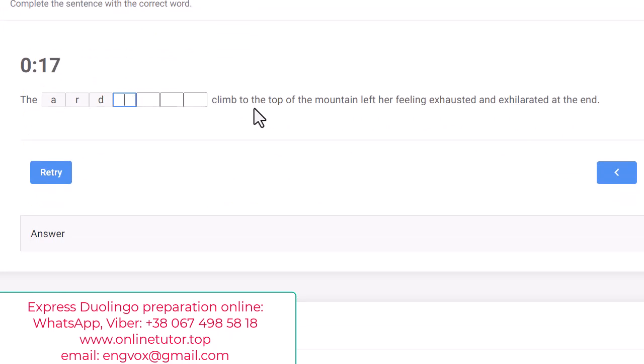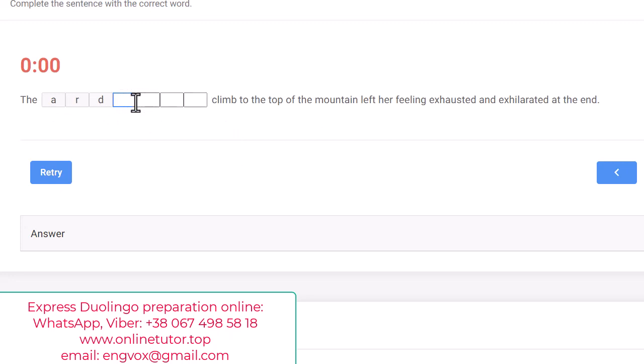The climb to the top of the mountain left her feeling exhausted and exhilarated at the end. Again, a catch for beginners, though it's not for beginners, it's a hard level. Usually, you know that climb is a verb, yeah? To climb the tree, to climb to the top of the mountain. And if you're very excited, you may look at it, climb, and think that there should be a noun here. Because somebody, for example, the troop of people, the company climbed to the top of the mountain, yeah?